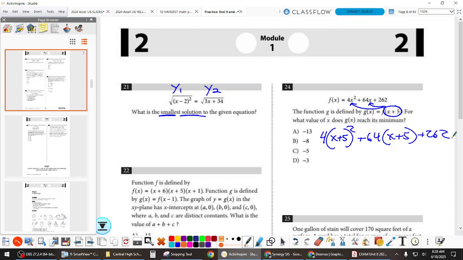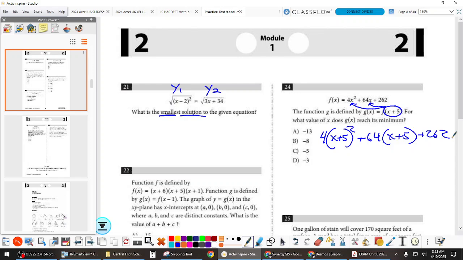By hand, again, what kind of shape is this? Before you even graph it, what kind of shape is it? Parabola. So how do we find the minimum of a parabola? It's at the vertex. How do you find the vertex in standard form? Negative b over 2a, right?